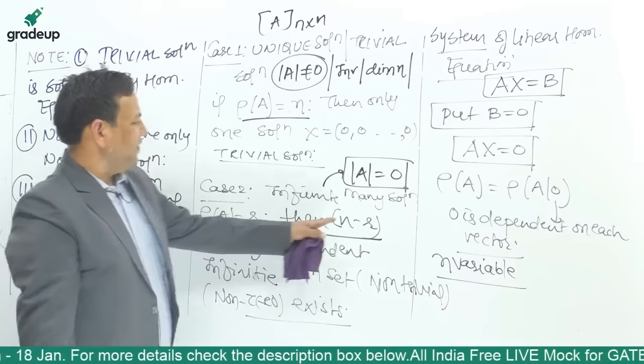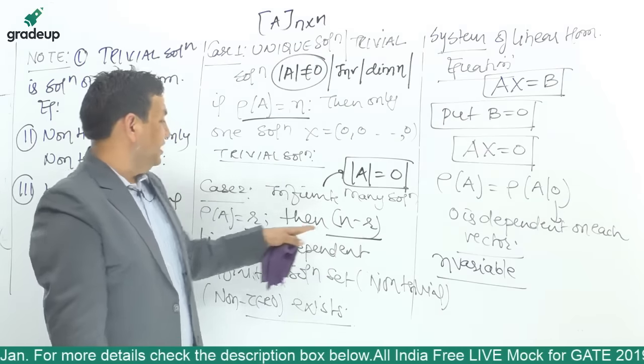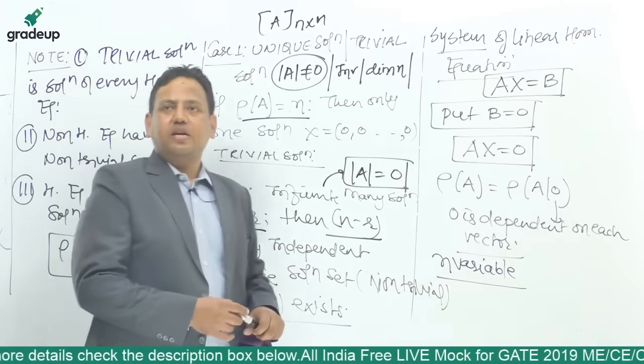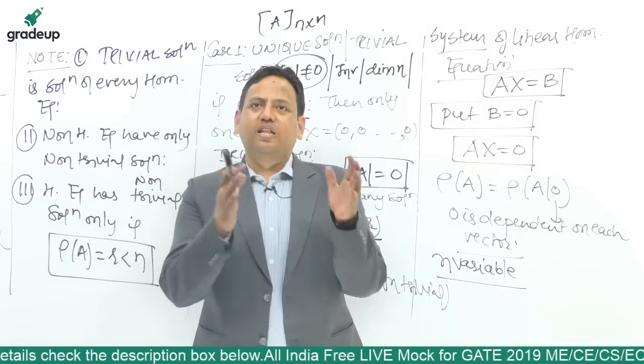That's why, if r is equal to n, then n minus n, that is 0 linearly independent solutions. Trivial means null; all the values are 0.